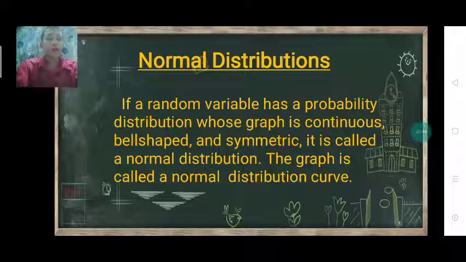Normal distributions. If a random variable has a probability distribution whose graph is continuous, bell-shaped, and symmetric, it is called a normal distribution. The graph is called a normal distribution curve.